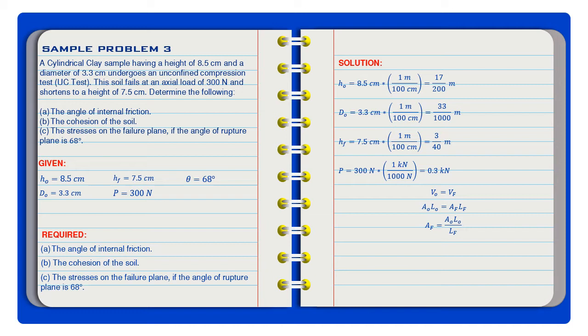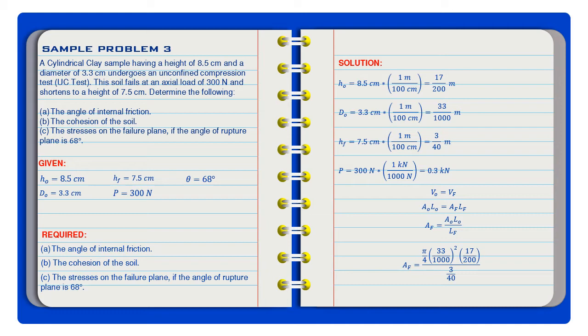This is because we will use it to get the stress, or the deviator stress, of our soil sample. So, that will be equivalent to area original times length original or height original divided by the length final or the height final. Then, we have this equation.